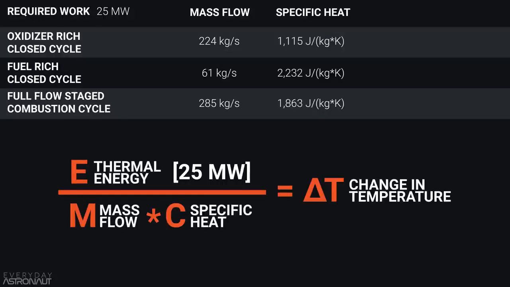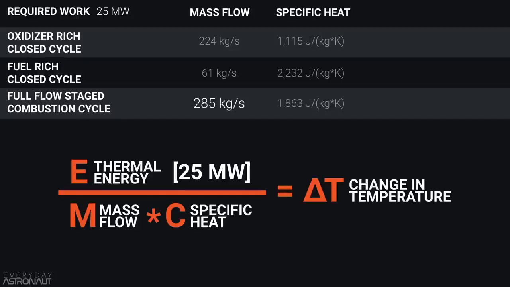Now you may notice there's a big difference in mass flow through the turbine between oxygen-rich closed cycle and fuel-rich closed cycle, because we need to take into account not only the density of each propellant, but also the engine's fuel to oxidizer ratio. But these are good enough rough numbers for each of the system types. The biggest thing to notice is that full flow stage combustion cycle has the most mass of propellant flowing through the turbines because it has all of the propellant flowing through them, hence full flow.